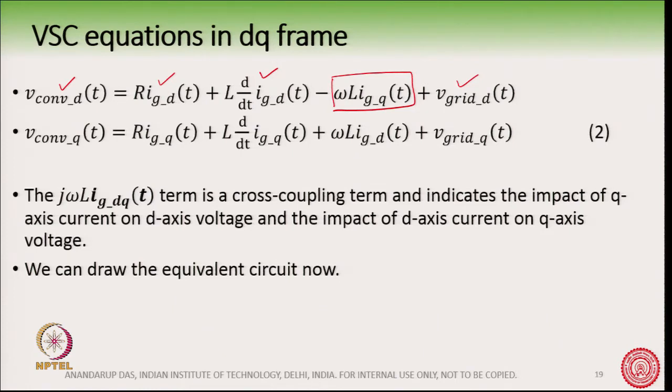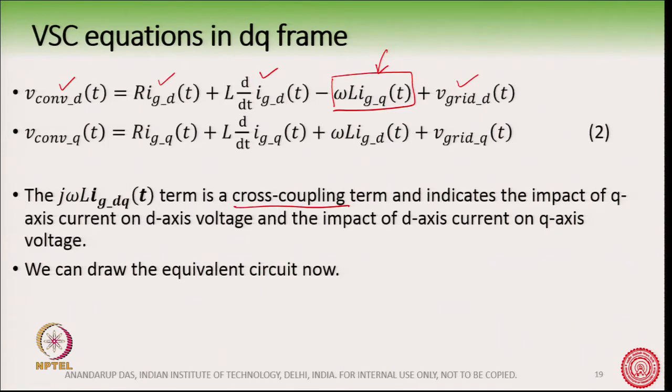However, there is one q axis term which is popping up here, and this indicates that the q axis current I_gq has an impact on the d axis voltage. That is why it is called a cross coupling term.